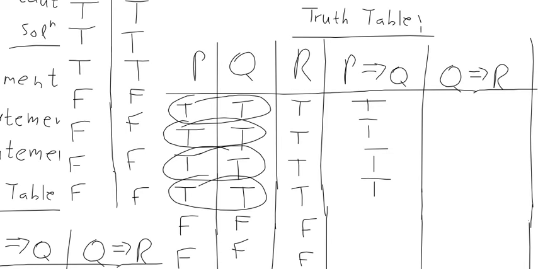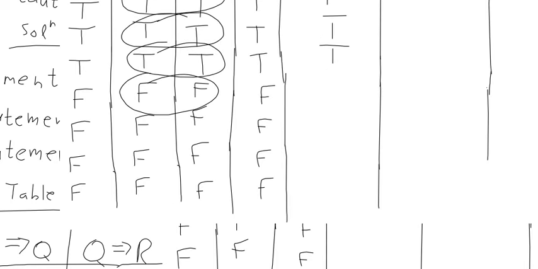Now let's see what happens for the next four when we have all four falses. False implying false. Want to take a guess? If you guessed false, you're incorrect. It's true. False implying false automatically has to be true. Think about it. Let's go to the bottom.